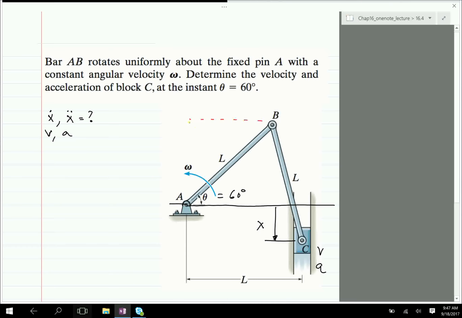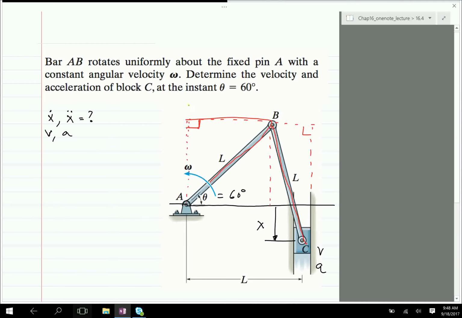Okay, let's try to see what we can find from this figure. I just drew this perpendicular here. I did that because I want to complete this triangle, and I also wanted to complete the other triangle. That's why I dropped the perpendiculars.